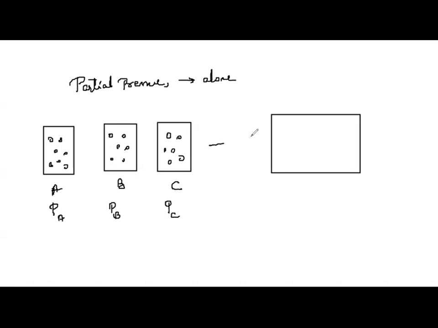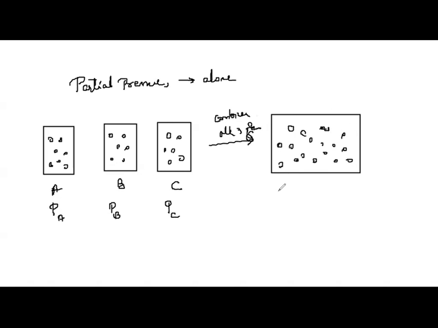When you mix and combine all three gases, what will happen? Here you will have a mixture of all three gases, and the gases should be non-reactive. Therefore, they will exert some pressure here.